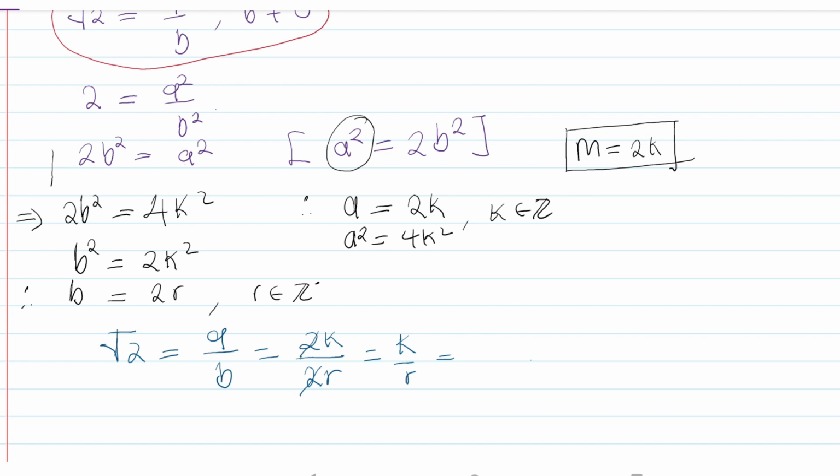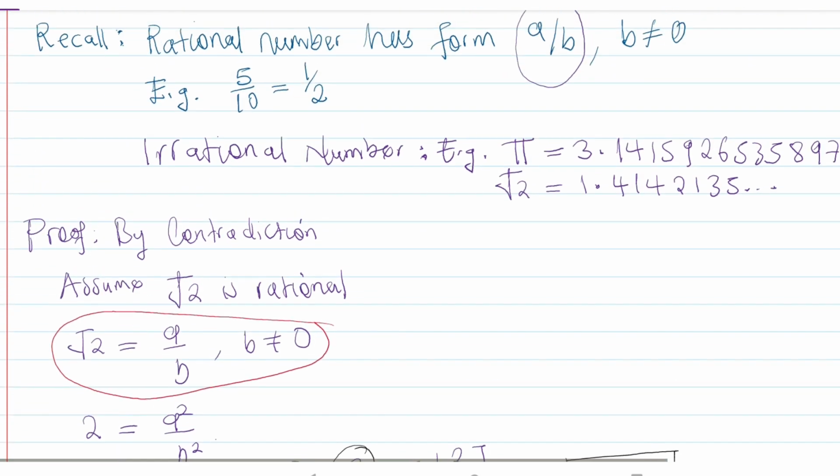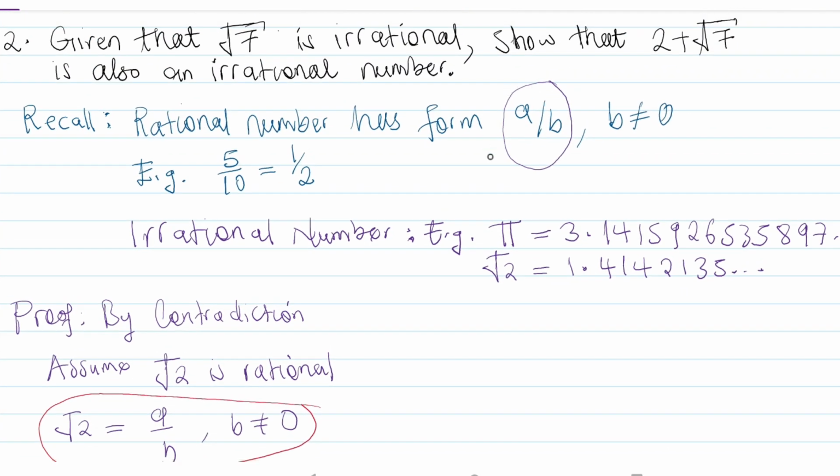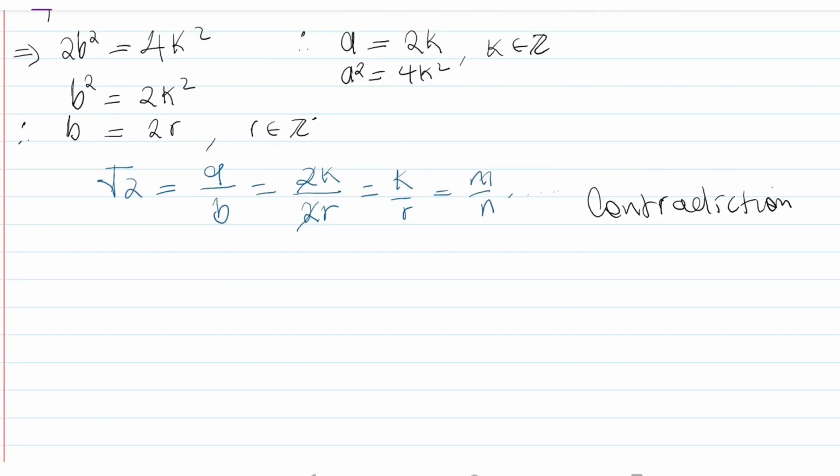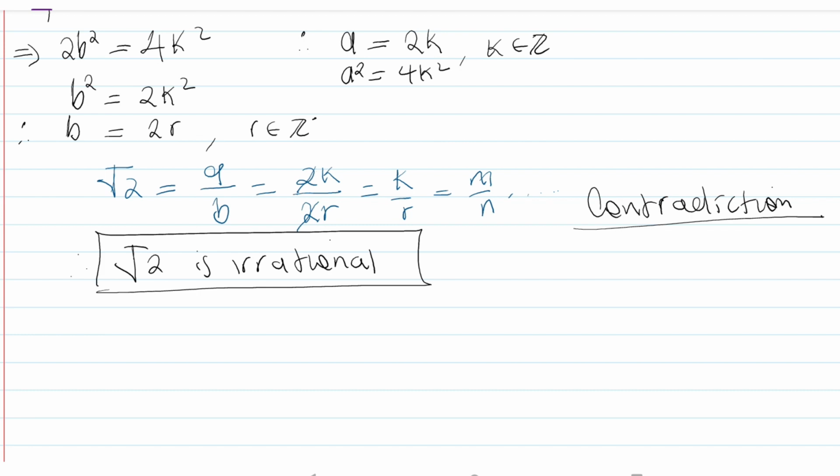If we continue with the same process, starting with k over r, we can also find other numbers, m over n. So this process continues without ending, which is contradicting our definition of a rational number. So this is a contradiction. Therefore, the square root of 2 is irrational.